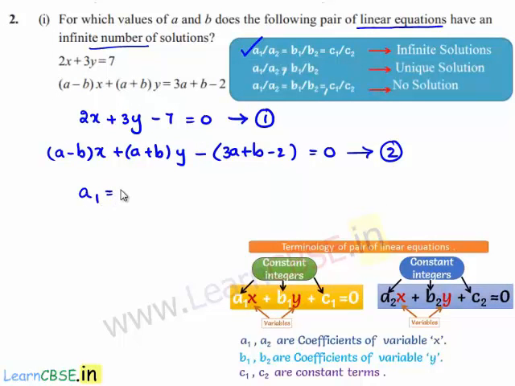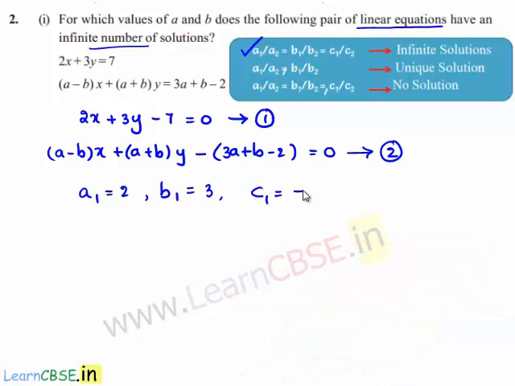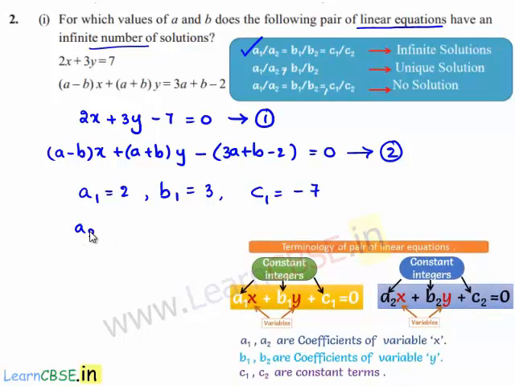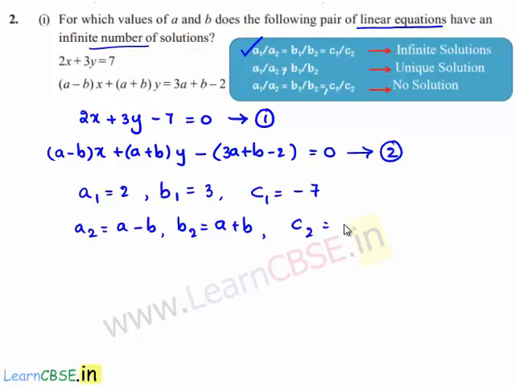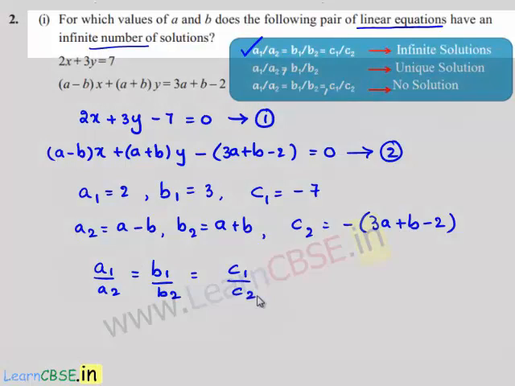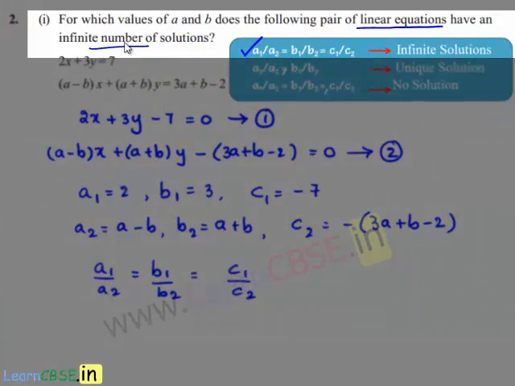Here a1 is equal to 2, b1 is equal to 3, c1 is minus 7, and a2 is a minus b, b2 is a plus b, c2 is minus of 3a plus b minus 2. So we can write a1 by a2 is equal to b1 by b2 is equal to c1 by c2, because the given set of linear equations have an infinite number of solutions.